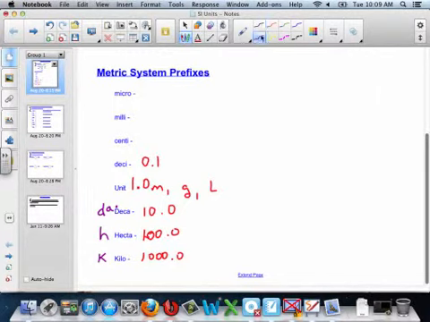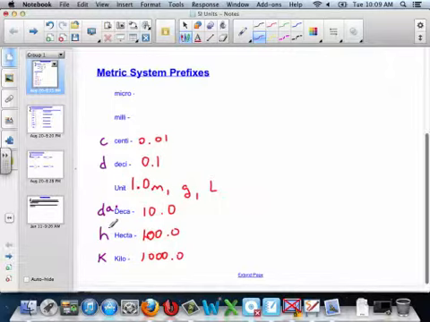Deci is represented with a lowercase d. Centi, think about century, cent, centennial. 1 out of 100. So we represent that as 0.01, two decimal places. Again, that is represented by the letter c.